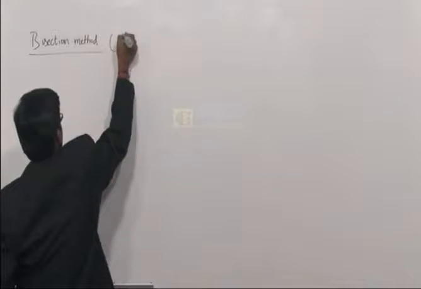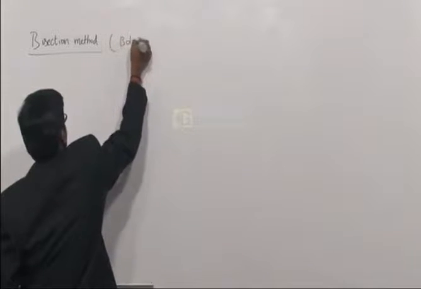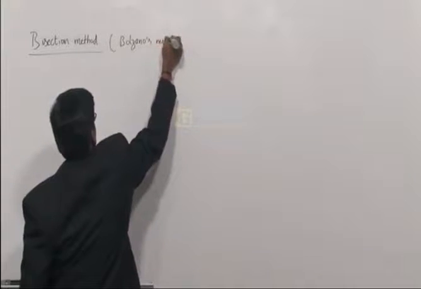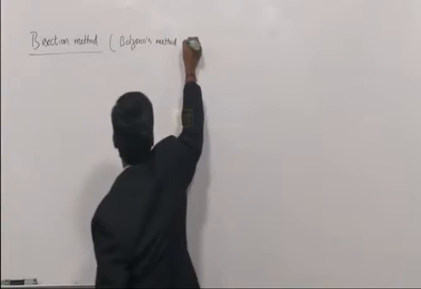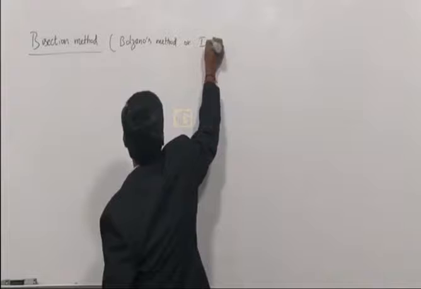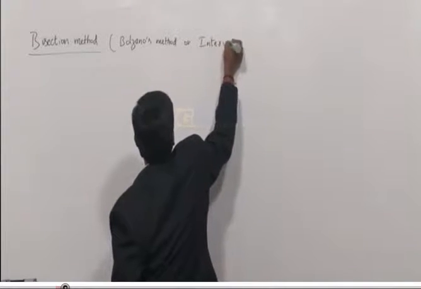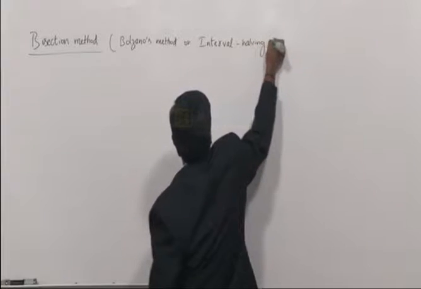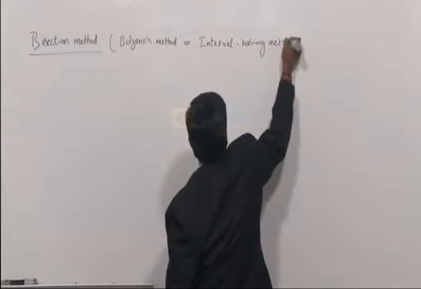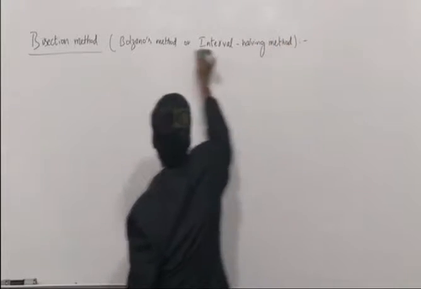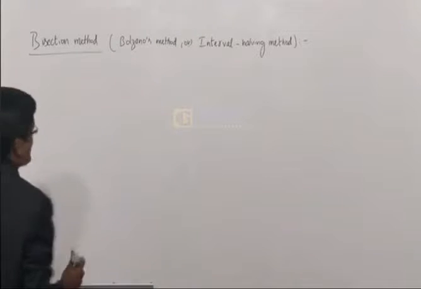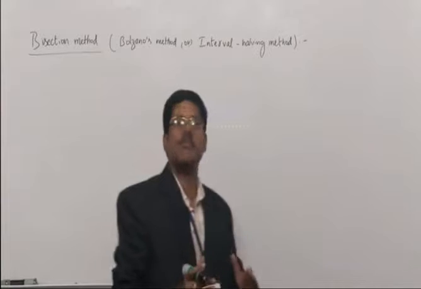This is also known as Bolzano's method, Bolzano the scientist, or interval halving method. Bisecting means the meaning of it is midpoint.